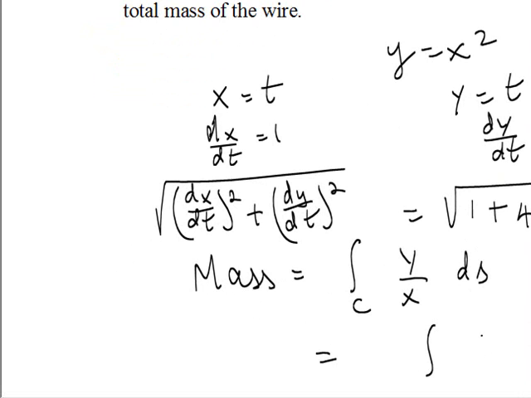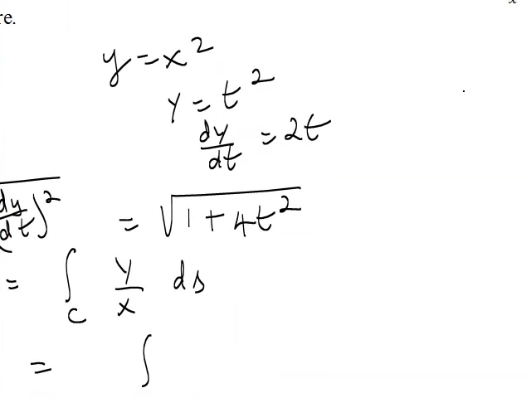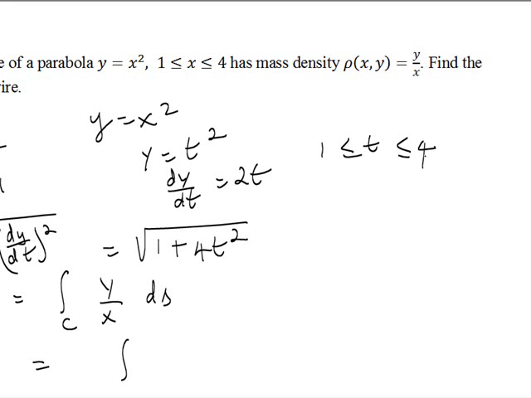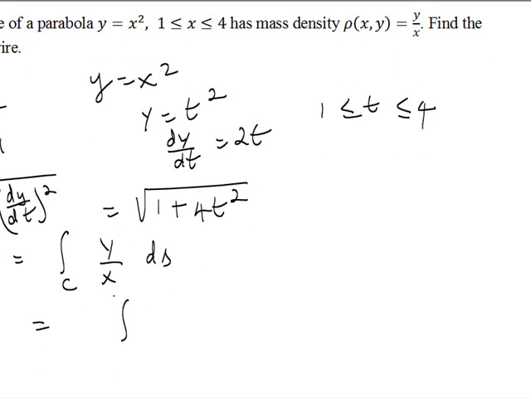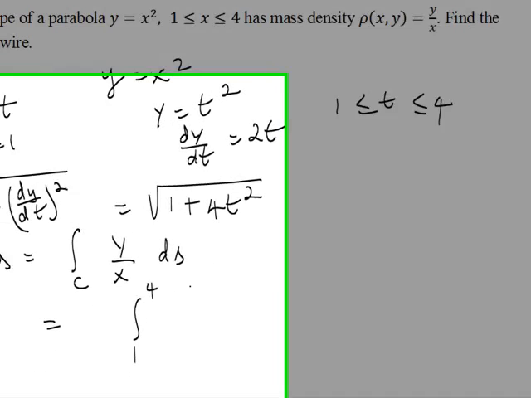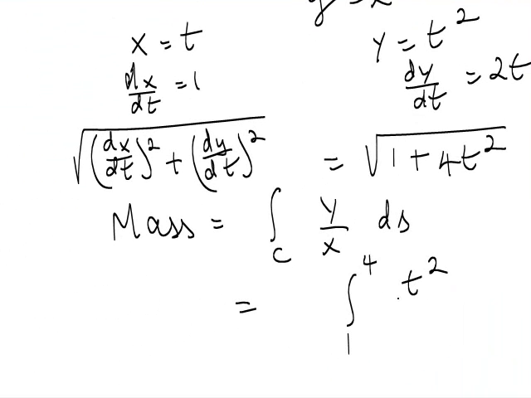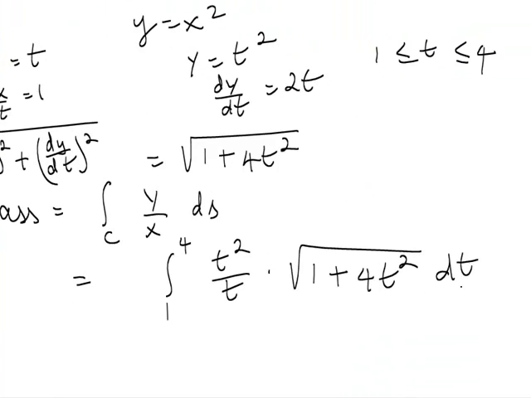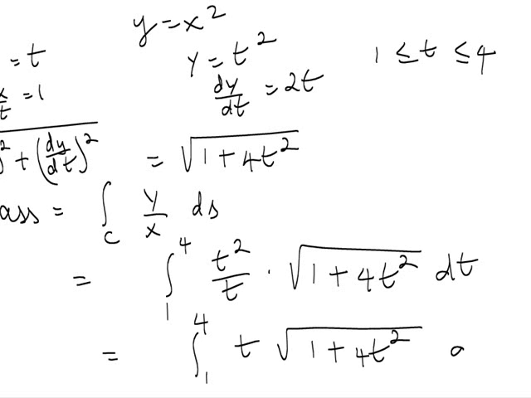We forgot to put the range for t. 1 to 4 because it's right there. Thank you. So that's 1 to 4. y over x is t squared over t, times the square root of 1 plus 4t squared dt, which is the integral from 1 to 4 of t times the square root of 1 plus 4t squared dt.